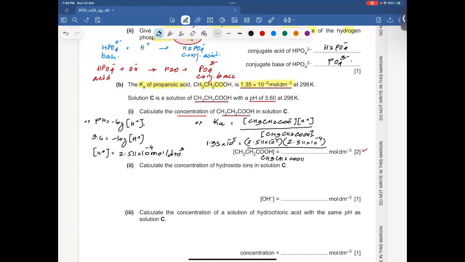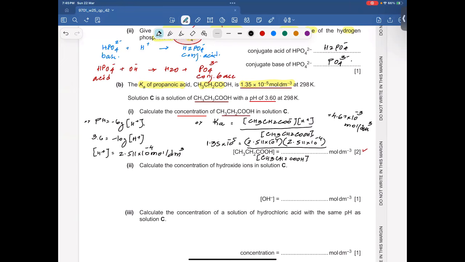So I firmly believe that the concentration is going to be how much? I think it's going to be 4.67 times 10 to the power minus 3 mol per dm cubed. Let me calculate one more time.